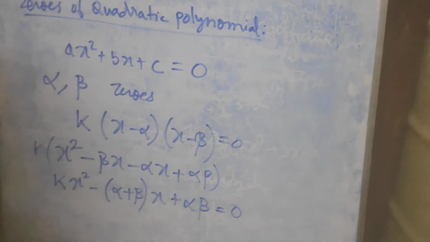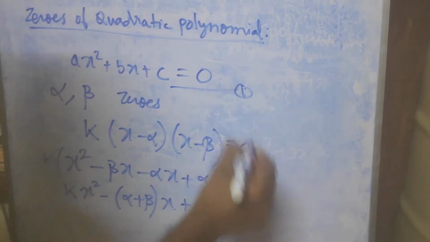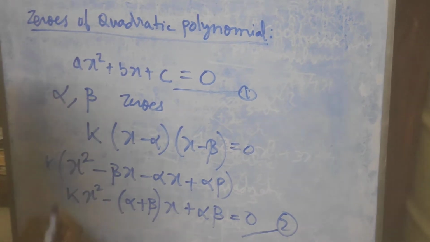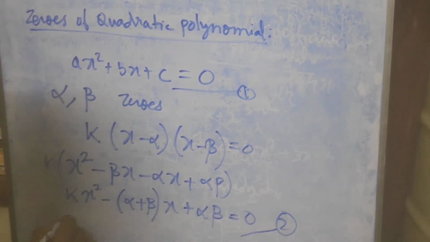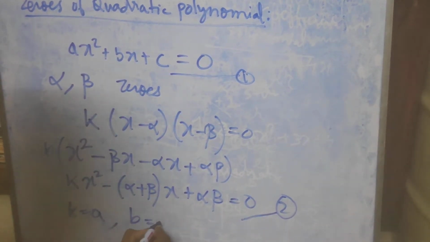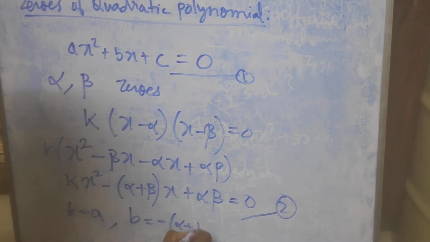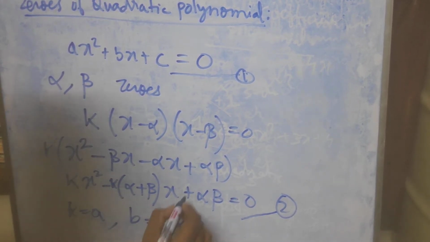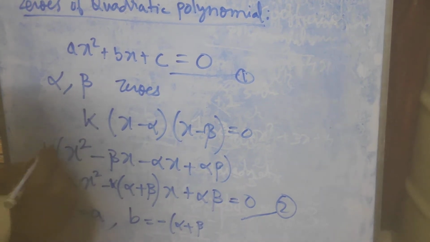Now comparing these two expressions, we can clearly find that k is equal to a, and also b is equal to k into minus of (alpha plus beta); I forgot to multiply the k here.